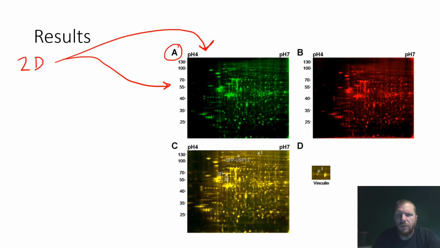If we look specifically at figure A, we've got a pH range from 4 to 7. And if we look at our y-axis, we've got a molecular weight range from 130 to 25 kilodaltons.